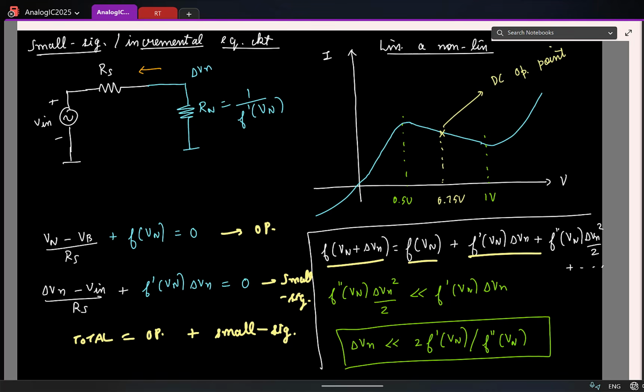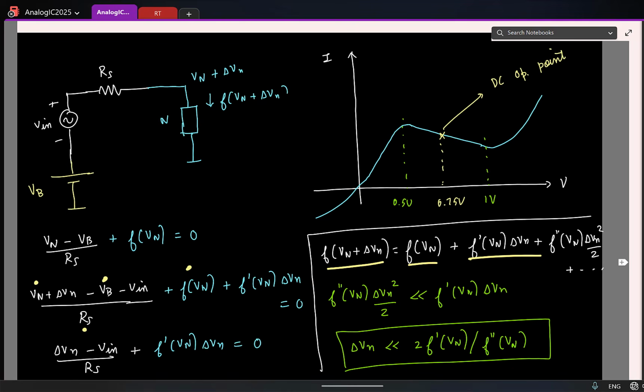So again, repeating, you have to solve first for the operating point. There is no shortcut. You solve the nonlinear equation, and for finding the operating point, you assume that the signals are not changing, that is, the small signal voltages are 0. Once you find the operating point, then to find the effect of the small signal, you check if the signals you are looking at are smaller than the limit you have.